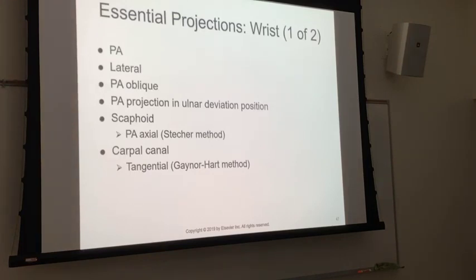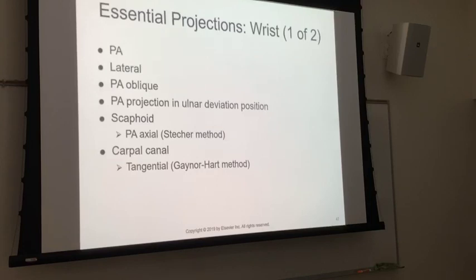All right, so wrist. We've got a lot of different views of the wrist. We're not going to cover the carpal canal. Tina will cover that, or Trina. Tina's my wife. Trina will cover that in your second year, but we'll talk about all these others, and we'll actually talk about a hybrid between what's in the book and what you'll see in clinics.